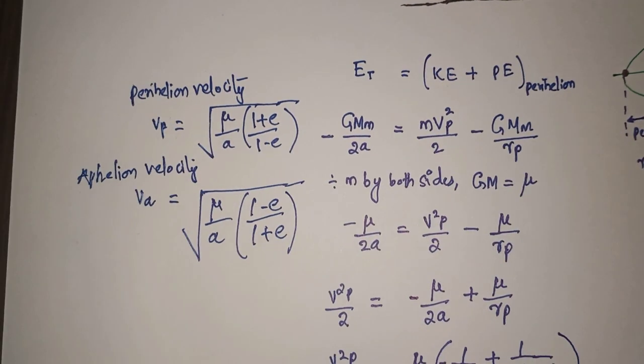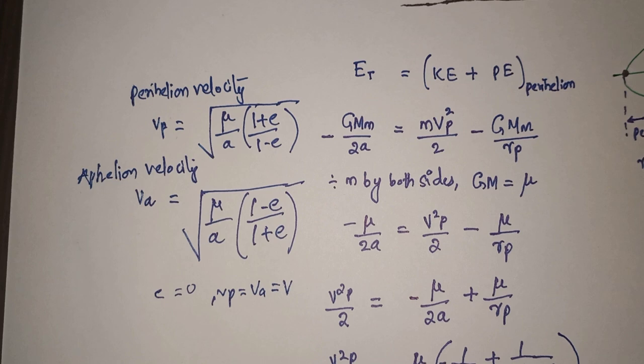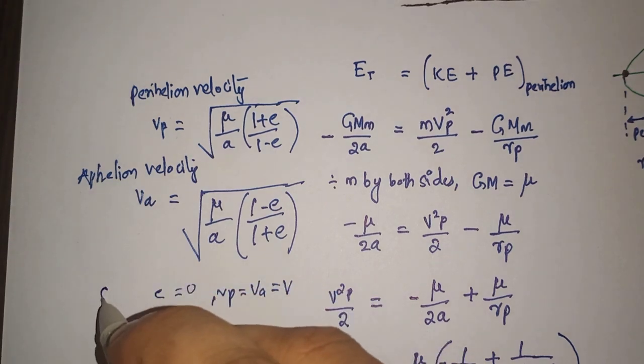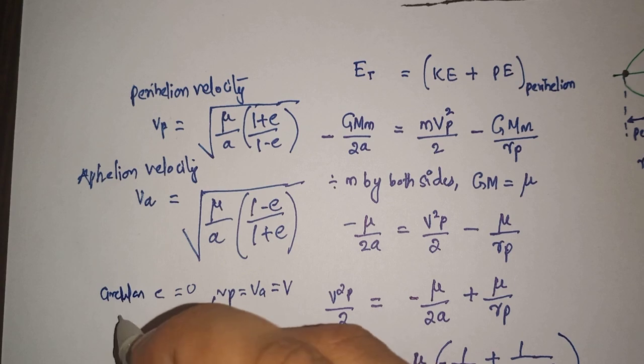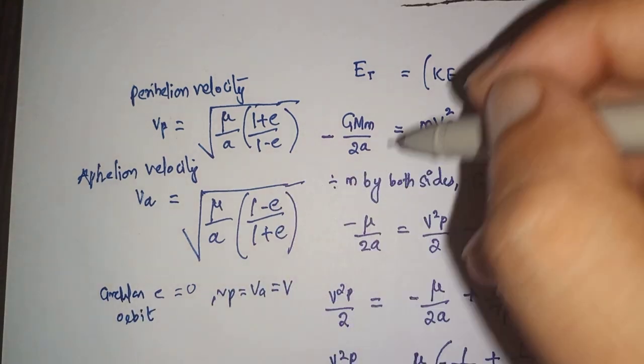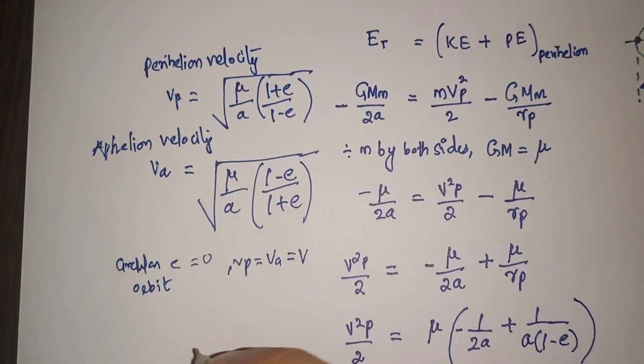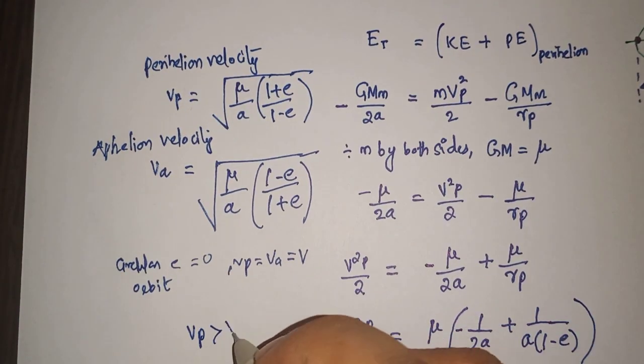Now you can observe here, if e is going to be 0, your vp is equal to va is equal to v. That means this is simply the orbital velocity for a circular orbit. So if you compare the velocity, you can see here your vp is very much higher than your va.